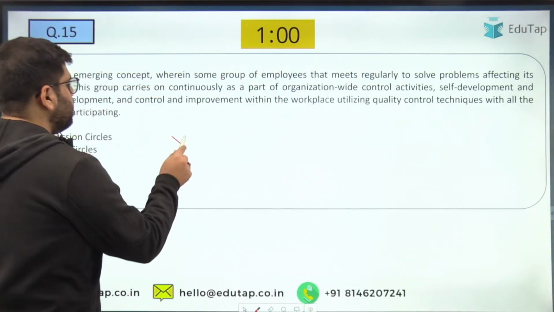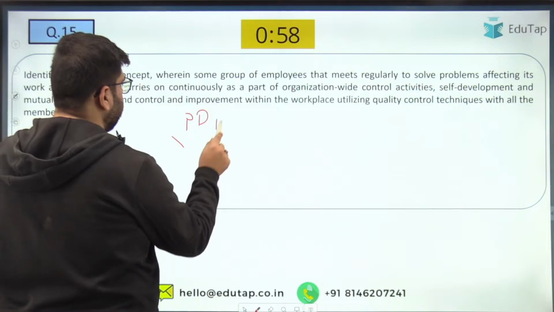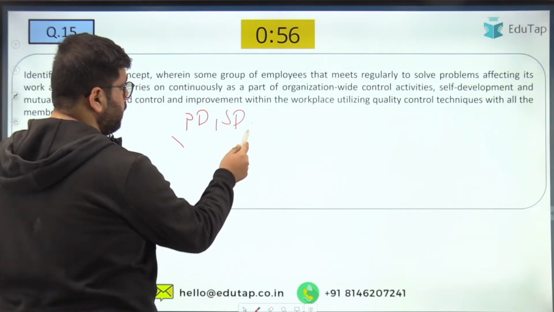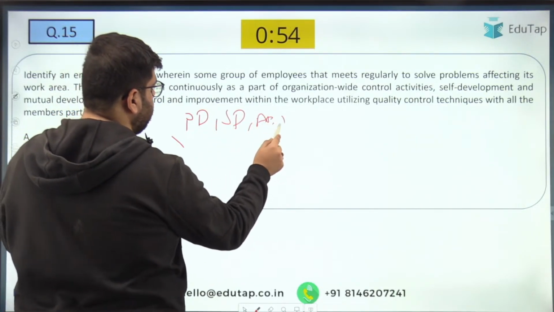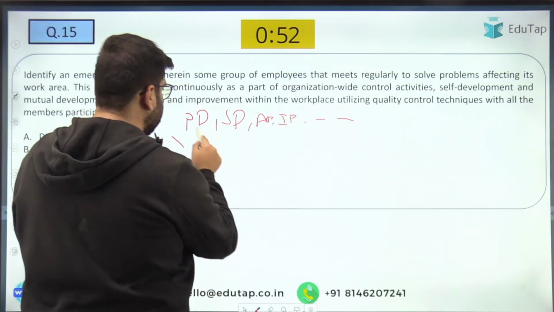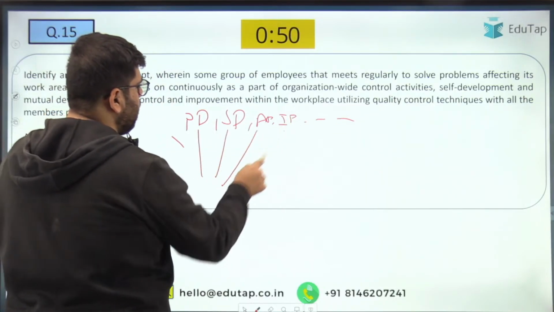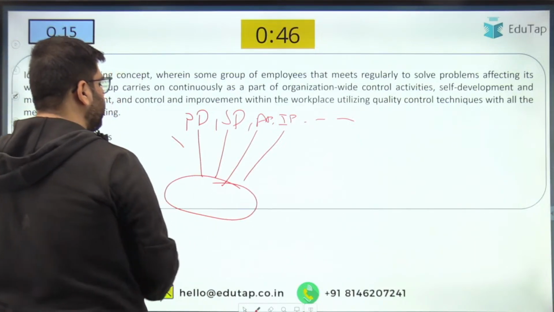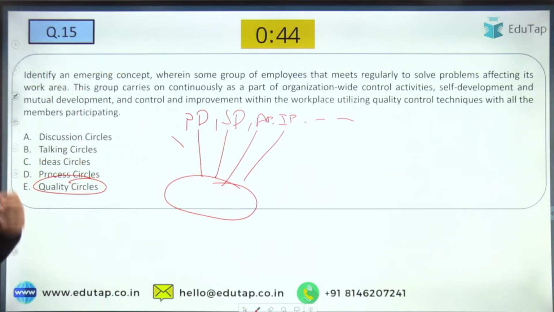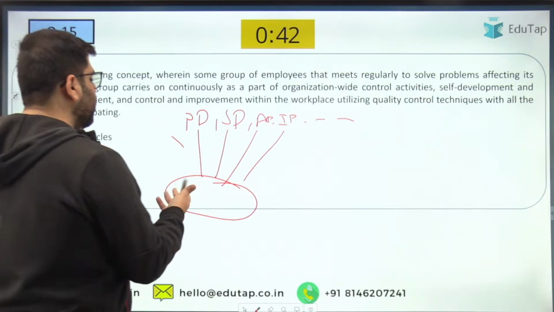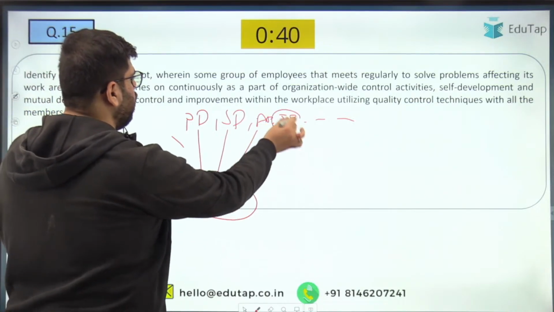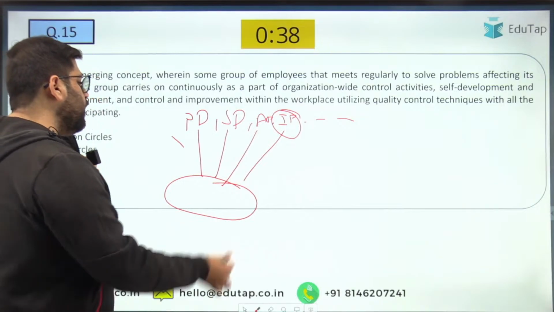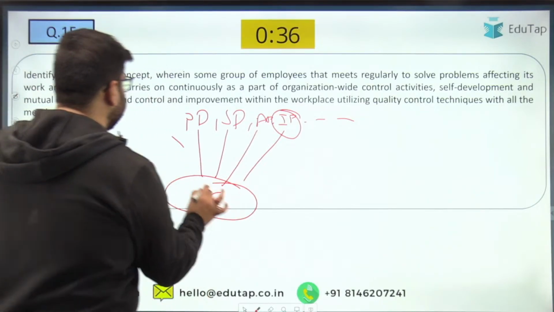For example, you might see a person coming from purchase department, a person from sales department, accounting department, inventory department, and so on and so forth. So there can be 1 to 2 employees coming from these departments and they are meeting in a cafeteria. In the cafeteria, they are trying to solve a problem of the employee who is coming from inventory department. So this basically is a kind of quality circle.